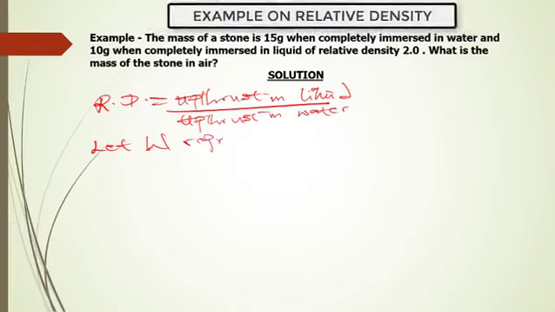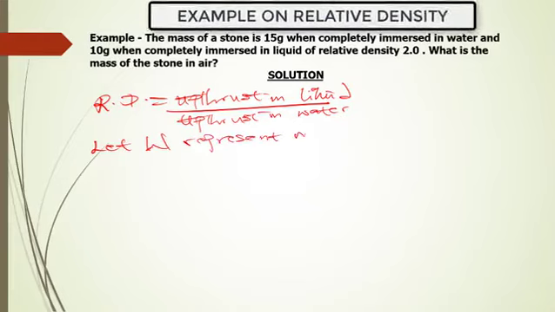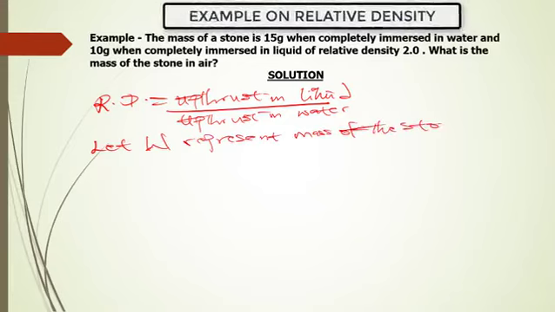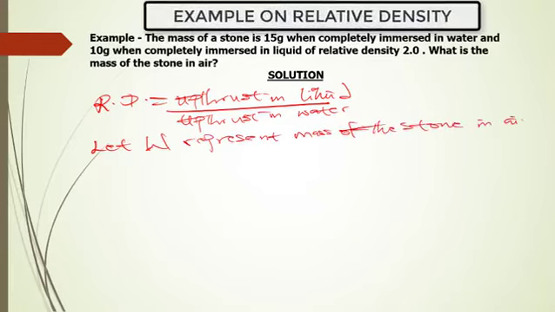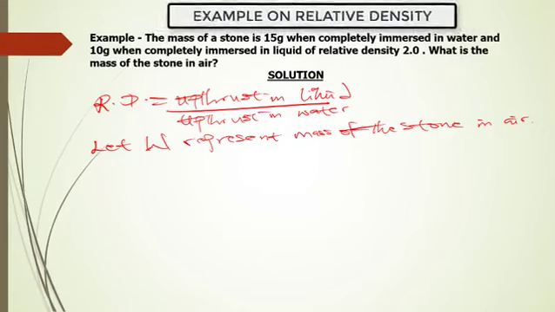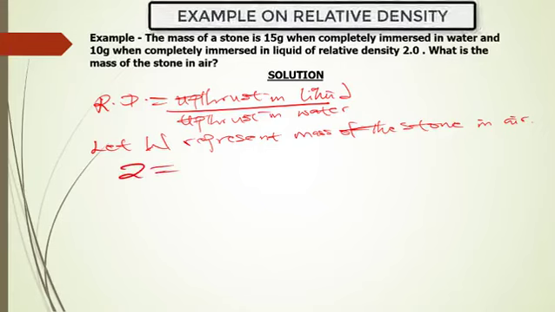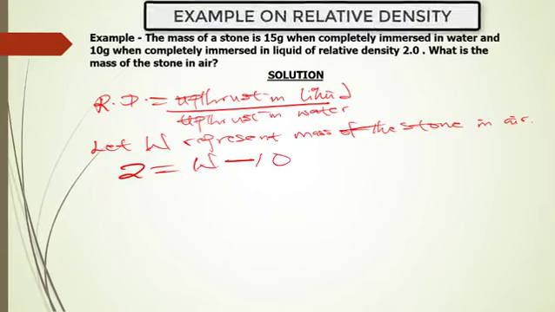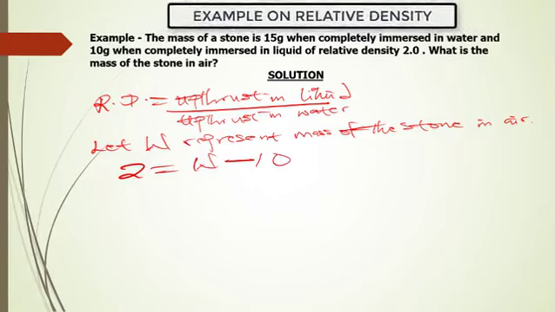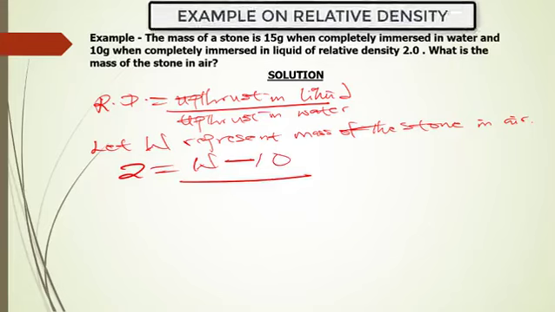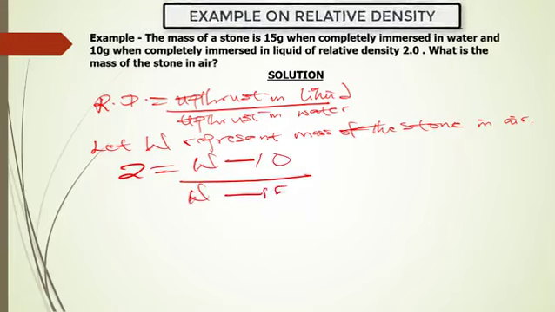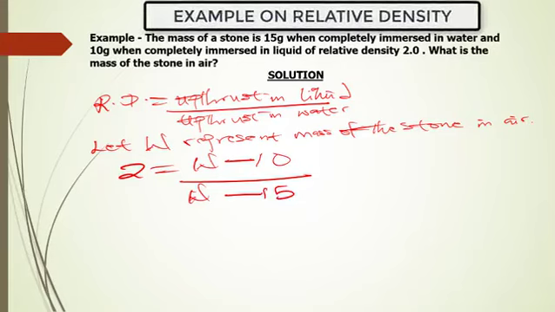Now let's use W to represent the mass of the stone in air. So we're going to have 2, which is the relative density, equal to W, the mass of the stone in air, minus 10, which is its mass when it is completely immersed in that liquid, divided by W minus 15, which is the mass of the stone when it is completely immersed in water.